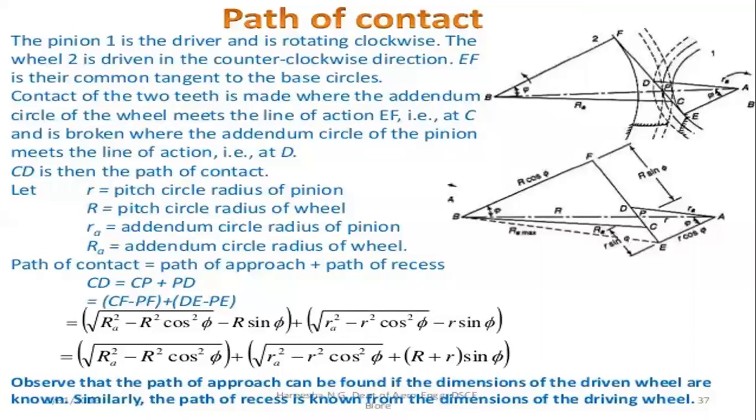And the contact ends where the addendum circle of the pinion meets the line of action. That is at the point D.